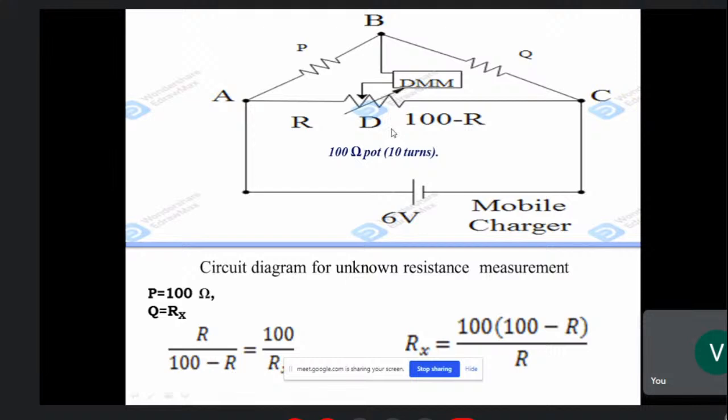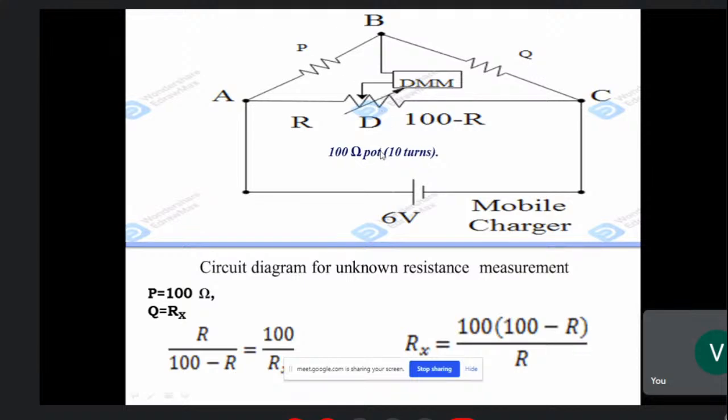Here, not a deflection, basically the current in the DMM is 0 by varying the pot, and we will get the value of the unknown resistance Rx. Initially we put 100 to check the pot resistance and the variation of the variable resistance.